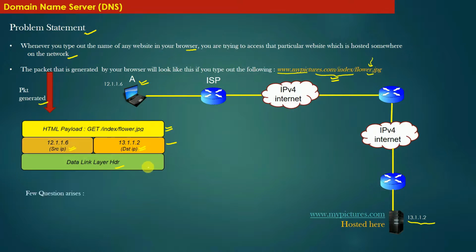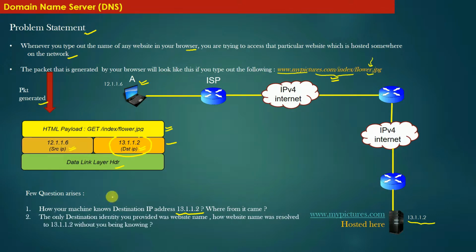What are those two major questions? How does your machine know the destination IP address of the server machine, that is, where did this destination IP address come from? How did machine A come to know that 13.1.1.2 is the IP address of the server machine which hosts the website? And the second question is, the only destination identity provided by the user was the website name, that is www.mypictures.com.